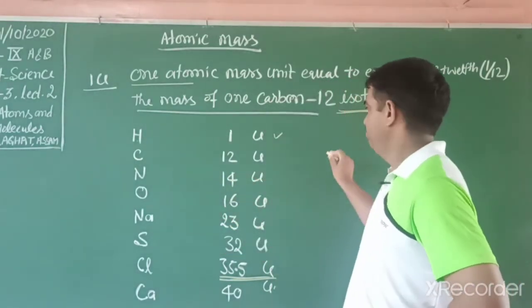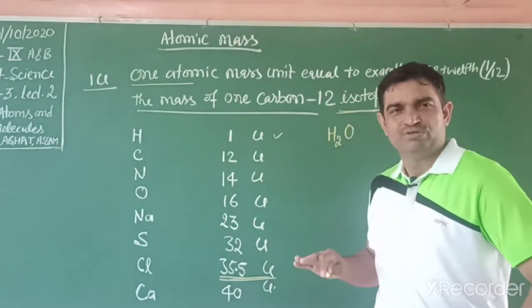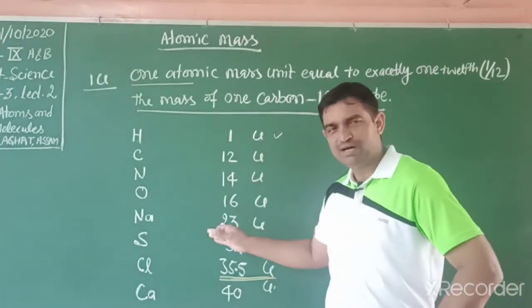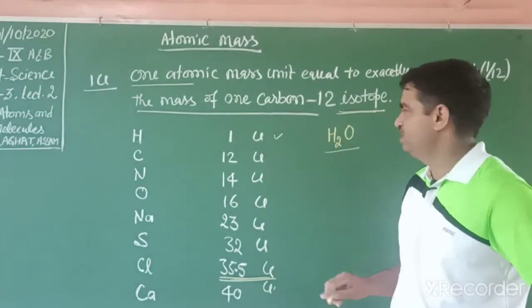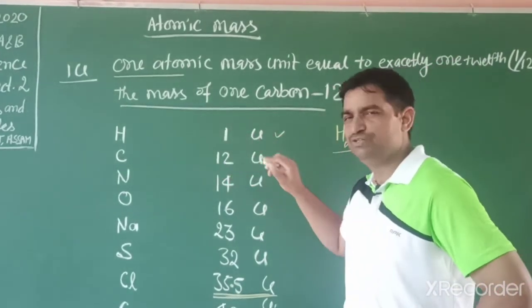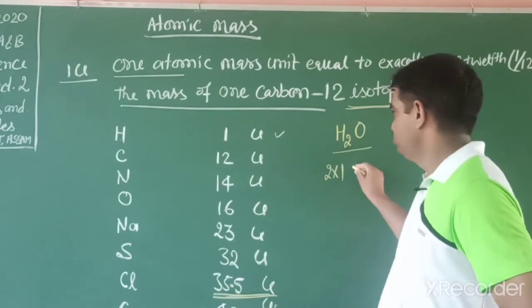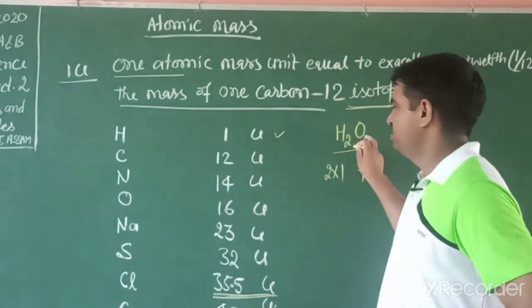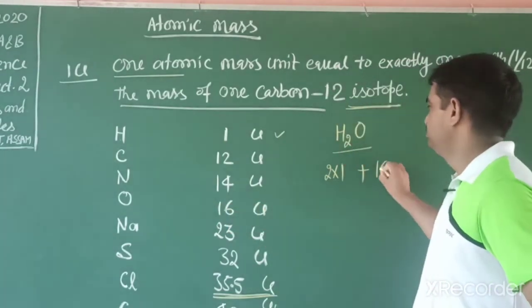For example, water. We earlier know the formula H2O. If we remember all the masses, then we can easily find out the mass of water. How? In water, there are 2 hydrogen atoms and hydrogen mass is 1 u. So 2 into 1 u, plus oxygen, only 1 oxygen, so oxygen mass is 16.